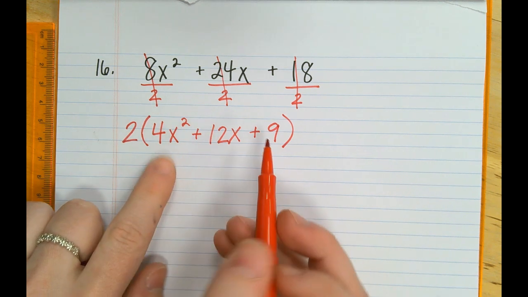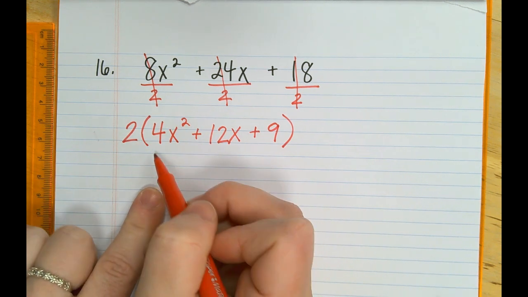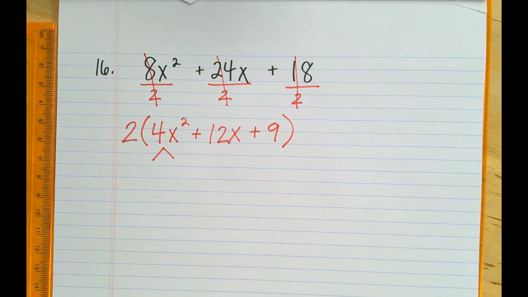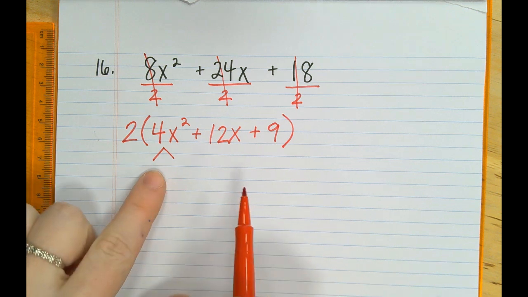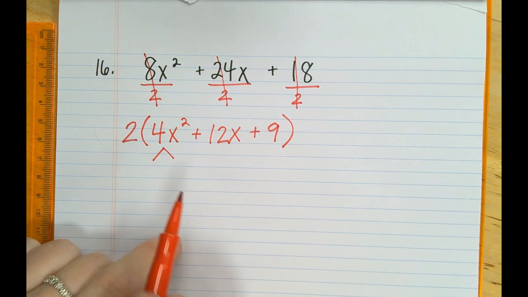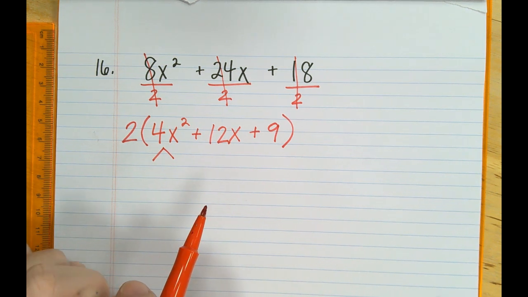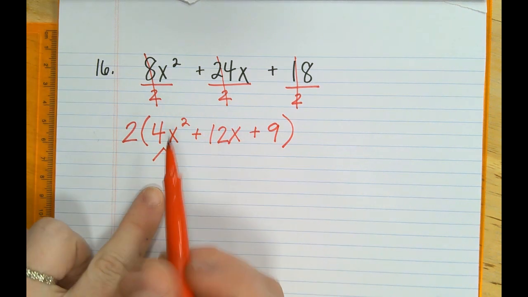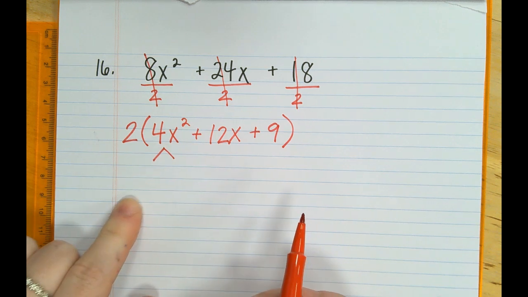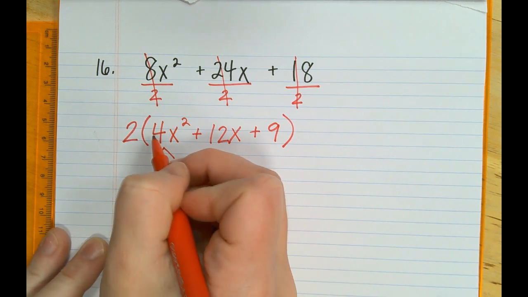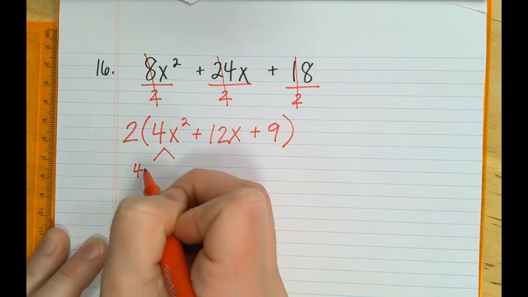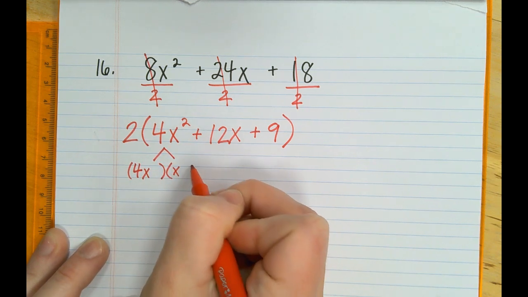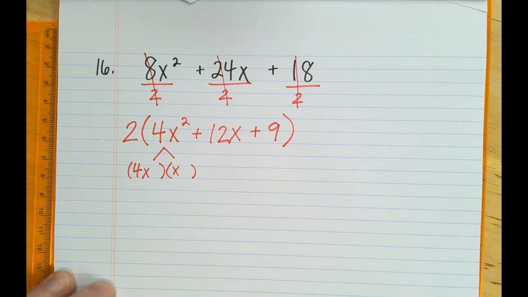So I want to look at what my possible first part of my factored terms are going to be. Yes, did you have your hand up? Or am I seeing things? All right, so we could either have what we just talked about, 4x at the beginning of one parentheses, and then x at the beginning of the other.